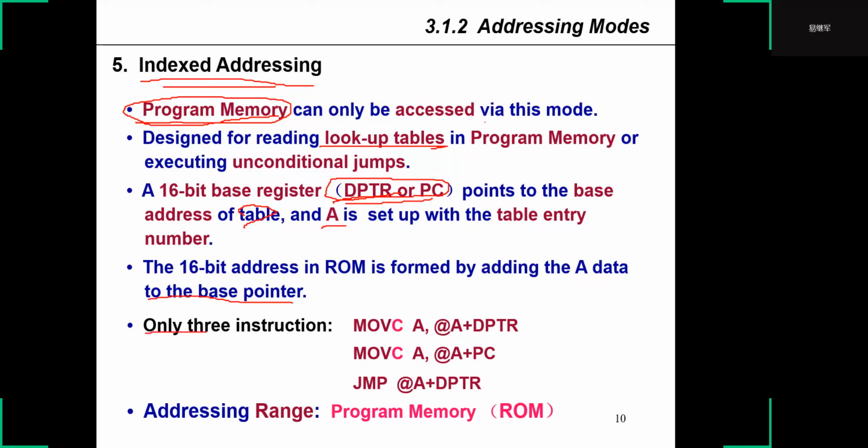There are only 3 instructions: MOVC A, @A+DPTR; MOVC A, @A+PC; and JMP @A+DPTR, or just JMP, which means jump.